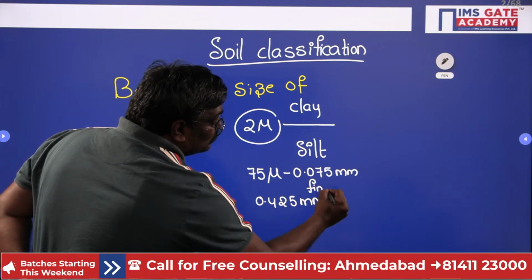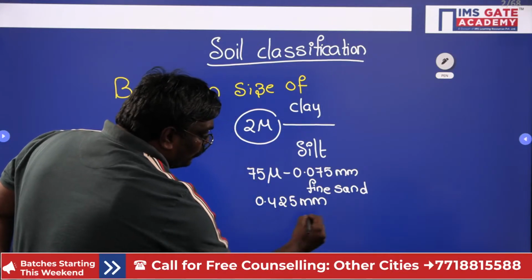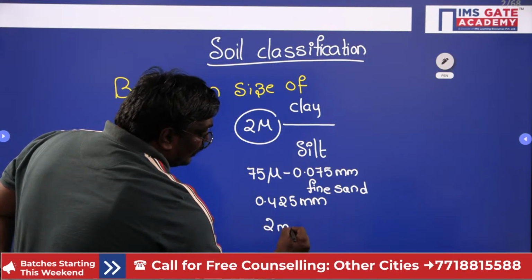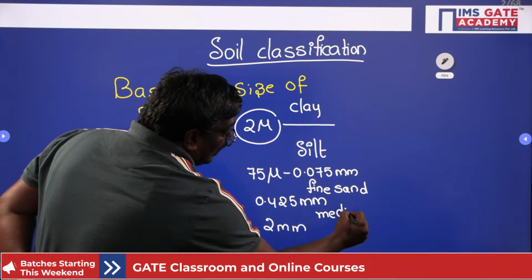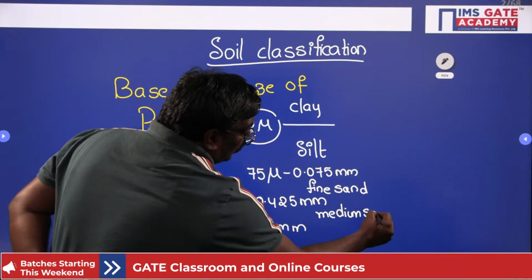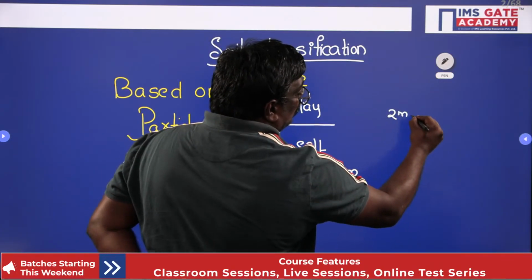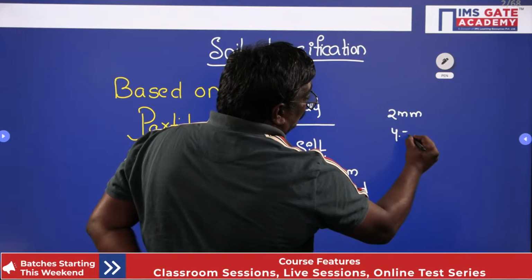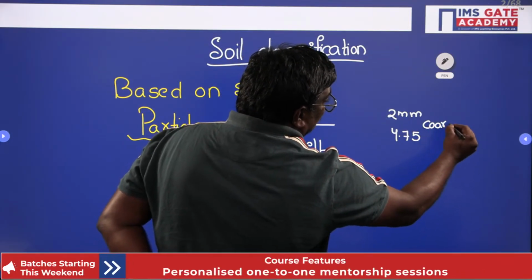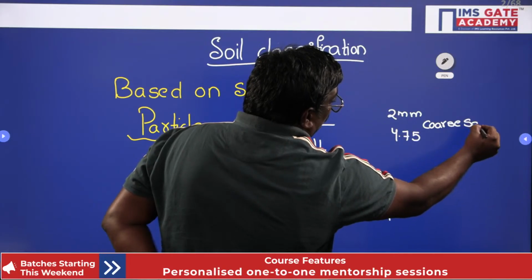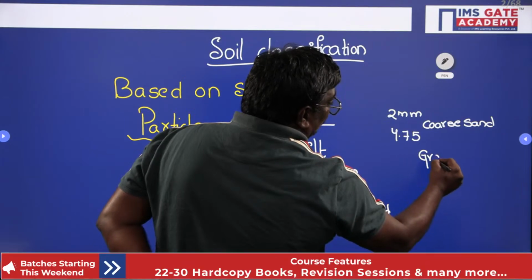My dear students, 0.425 mm to 2 mm, we call it medium sand. From 2 mm to 4.75 mm, we call it coarse sand, where the size of the sand particle will be more. And more than 4.75 mm, we call it gravel.